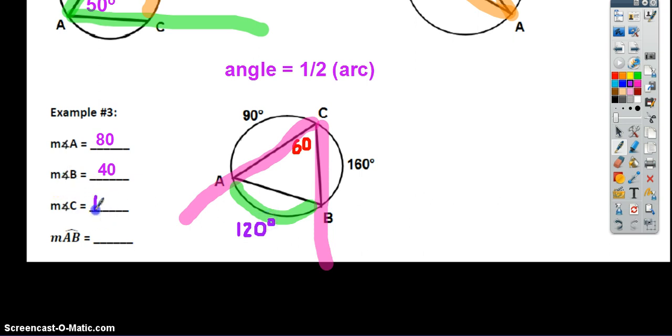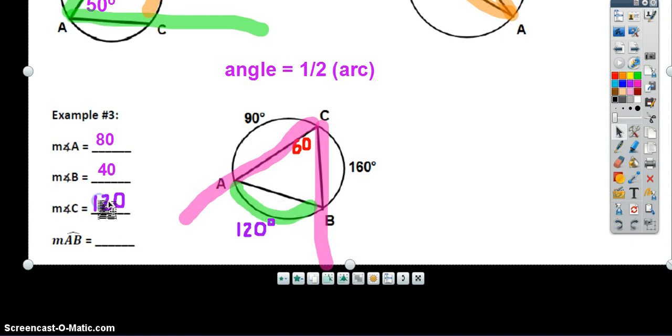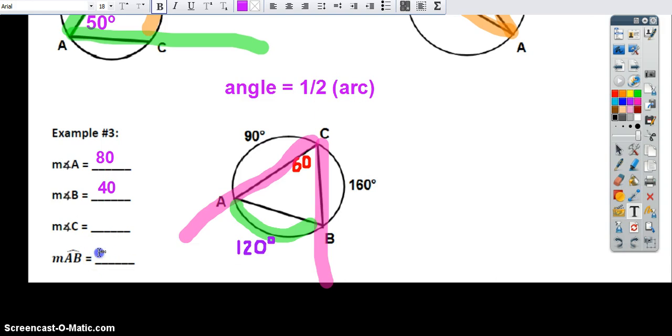And if I was going to take the time to write all that, I should have written it over here. Oops, I'm sorry, I wrote it in the wrong place. I'm just going to erase it then. The 120 goes right here. And this is where the 60 goes.